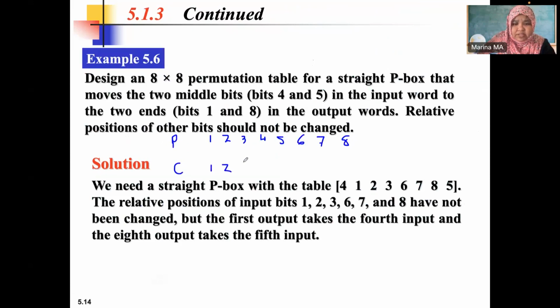Because it's straight, if there are 8 positions in plain text, there must also be 8 positions in ciphertext. Okay, first we have that. Then let's read the condition. Moves the two middle bits 4 and 5 in the input word. Input word means plain text. So they want to move 4 and 5.